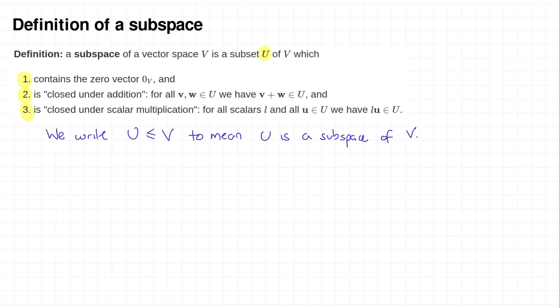Let's take a look at a couple of example subspaces. Firstly, some trivial examples. If you have any vector space V, then it's a subspace of itself.